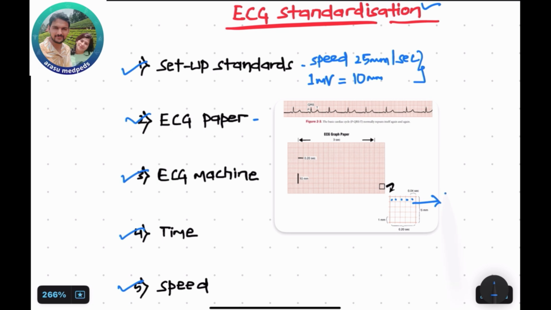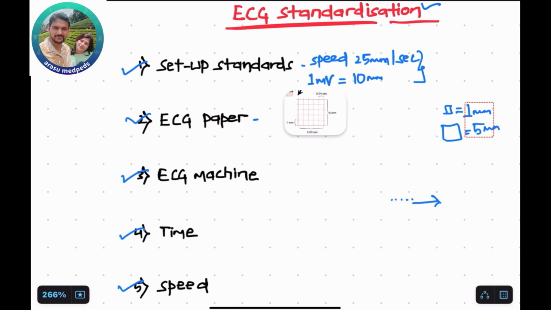The small boxes are about 1 mm and the large boxes are 5 mm in size, which we can clearly see in this picture.